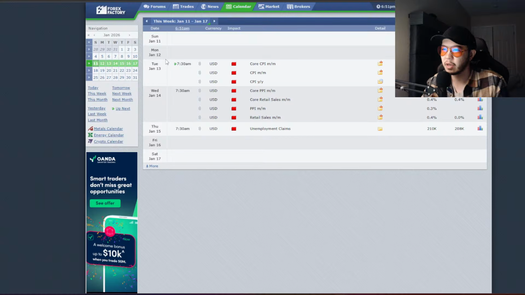These are not New York time. I just set it on my central time. So we have CPI at 7:30. Then we have a PPI on Wednesday, 7:30 again, and then unemployment claims. Overall, a very good trading week.